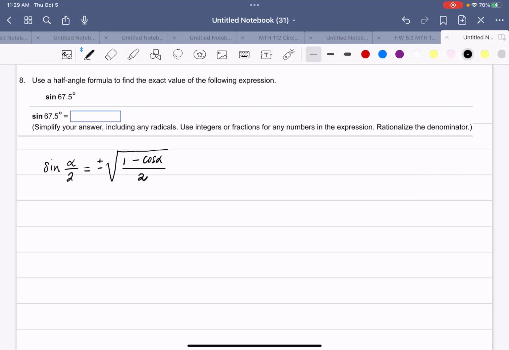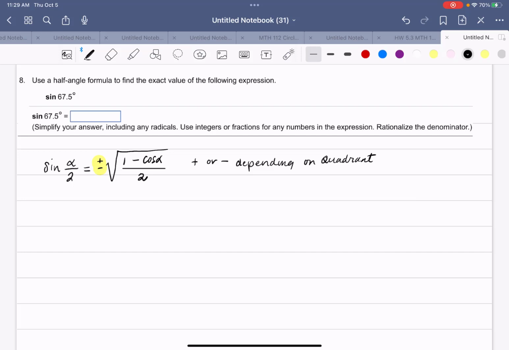Now, this does not mean that there are two answers. It means it could be plus or it could be a minus, depending on the quadrant. So we have to look at our alpha to decide if it's going to be positive or negative.